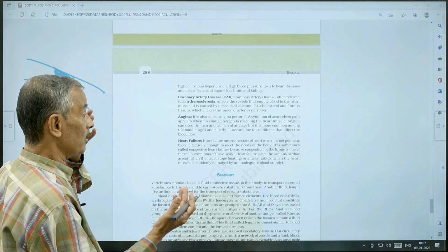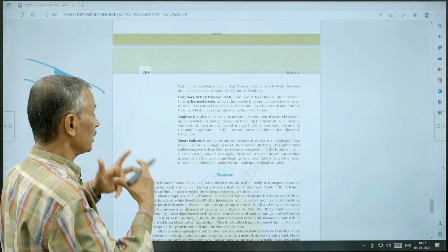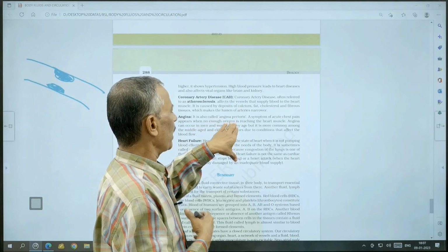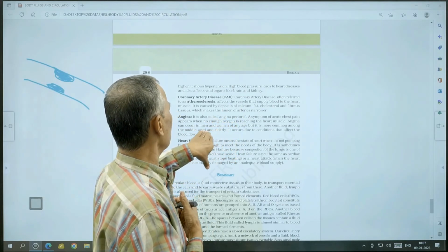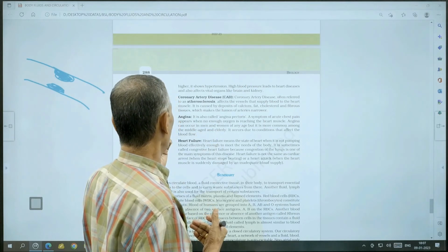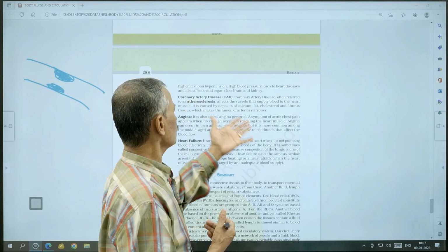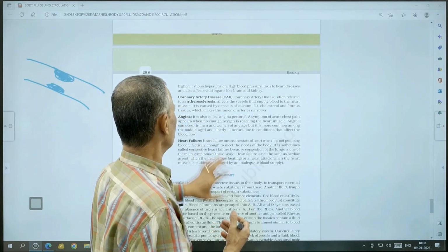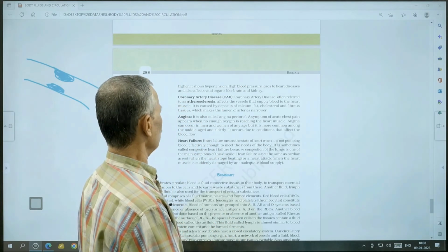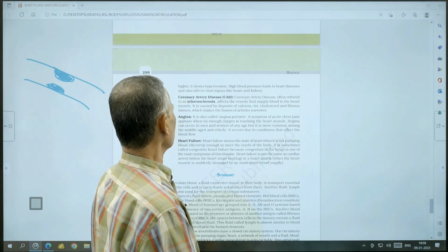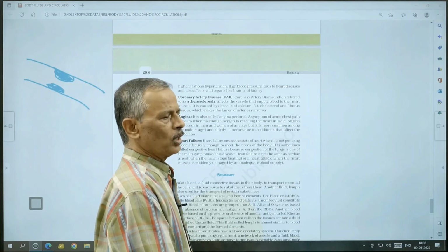When sufficient oxygenated blood does not reach the heart walls, it causes pain. That pain in the muscles of the heart is generally called chest pain or angina pectoris. It may occur in both male and female. Elderly persons are more subject to this problem.